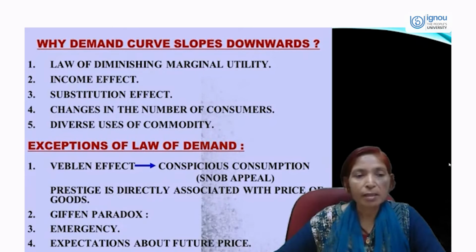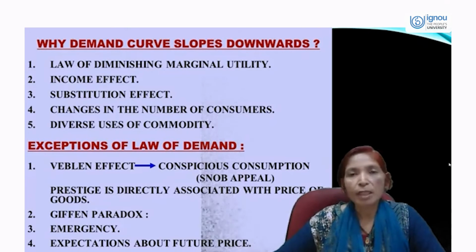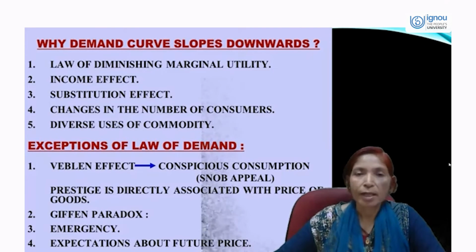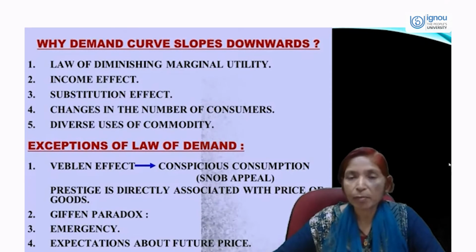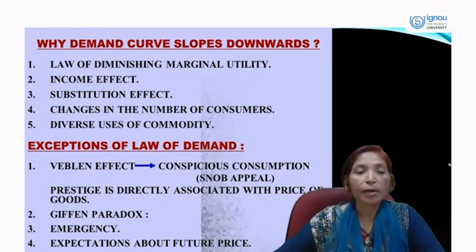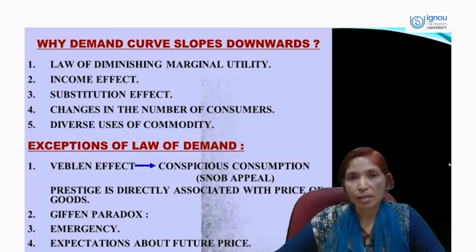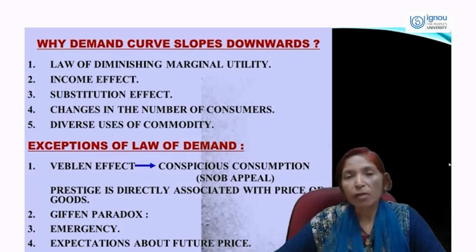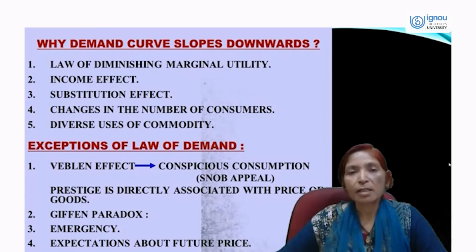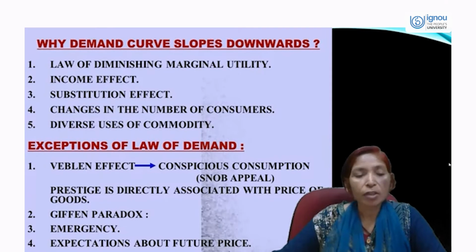And next, the fifth point is diverse uses of commodity. Some commodities have diverse uses. For example, electricity we can use for different purposes, milk can be used for different purposes, water can be used for different purposes. When price rises, then demand for that commodity will fall, because if the electricity price goes up, then we will limit our use of electricity, and we use electricity only in those cases where it is necessary, but not in all things.